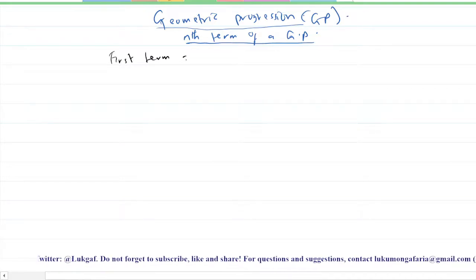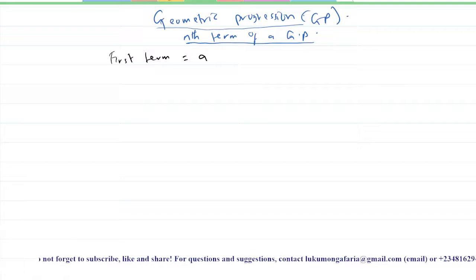When your first term is equal to A, now by the definition of GP, the next term, if you want to obtain it, we multiply it by a constant factor.